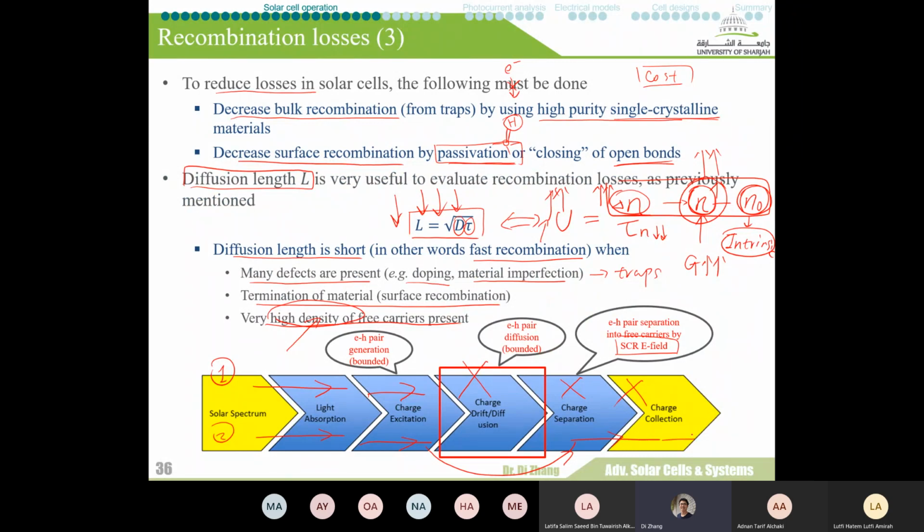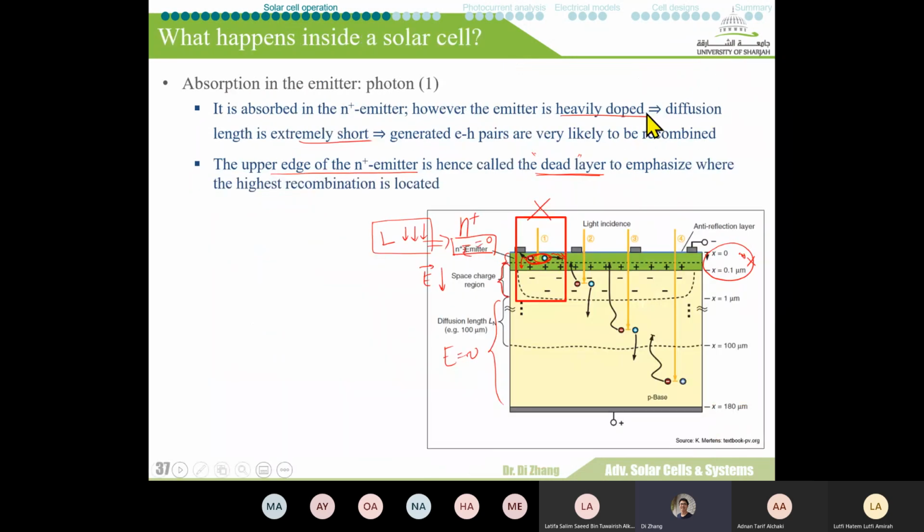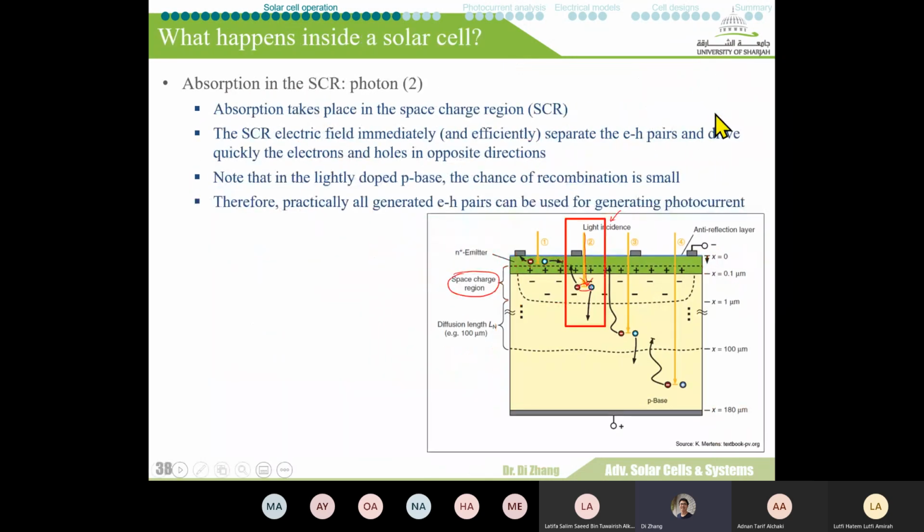And if you have a very smooth collection, then you can generate a lot of electricity from here. You can generate a lot of free electrons and free holes. So this is a very efficient process for the photovoltaic action.